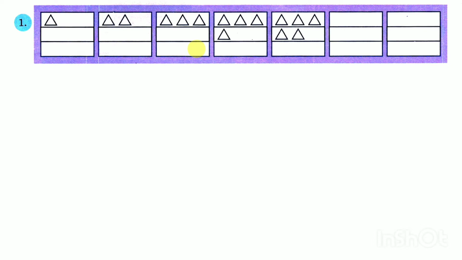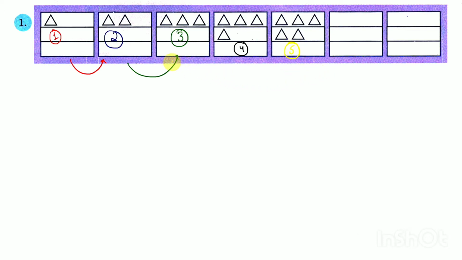What we are seeing in this figure is that when we are moving from the first figure to the second and so on, in each next figure there is an increase of one triangle. The number of triangles here is 1, in the next figure 2, in the next 3, then 4 triangles, then 5 triangles.